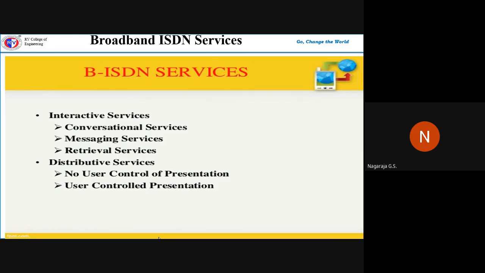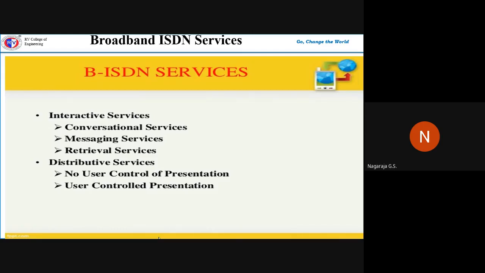One is interactive services, where the interactive services are categorized into conversational services, messaging services, and retrieval services. And distributed services, where you have no user control of presentation, and user-controlled presentations.